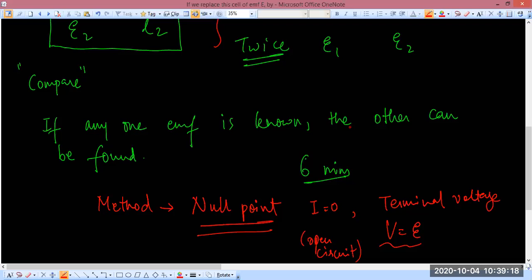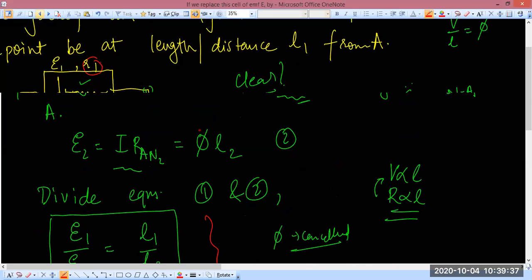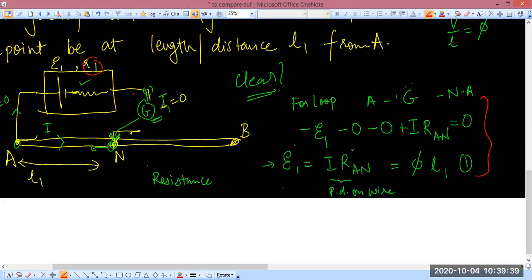Others, did you understand this? So think about it. In this diagram also, if you connect, let's say, 10 kilo ohm here, a high resistance, an extra one, then also it will not make any difference.